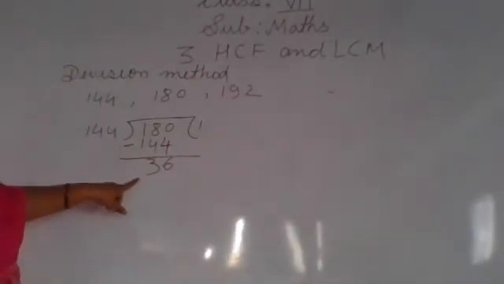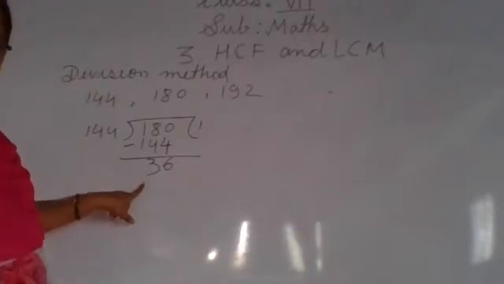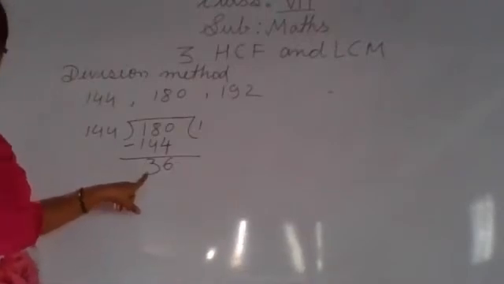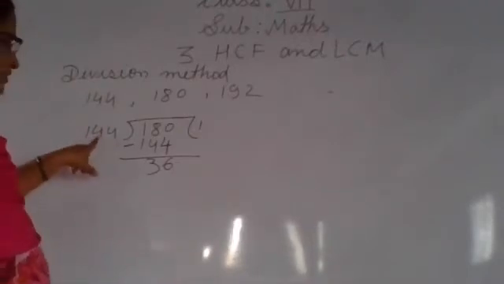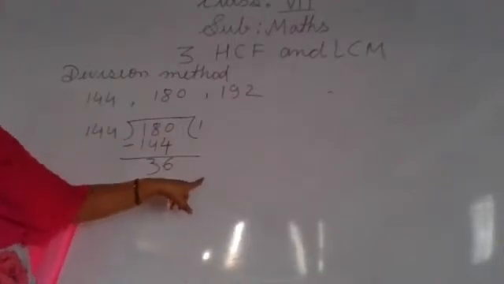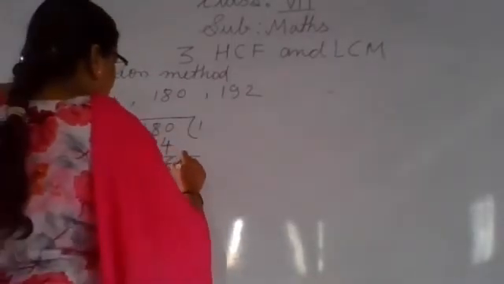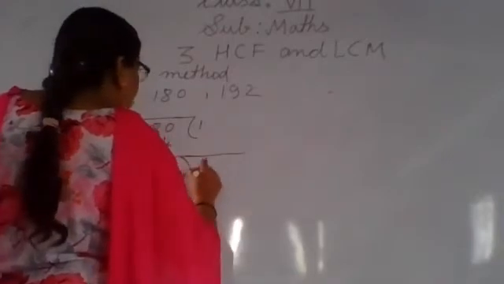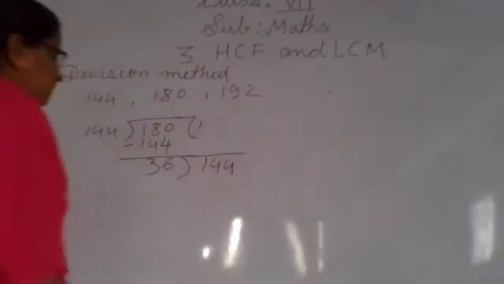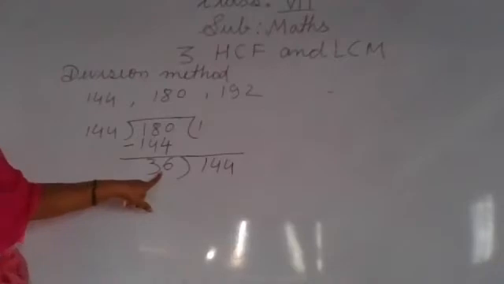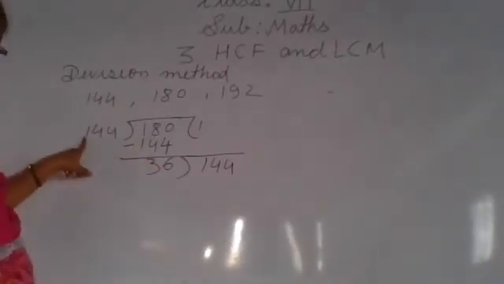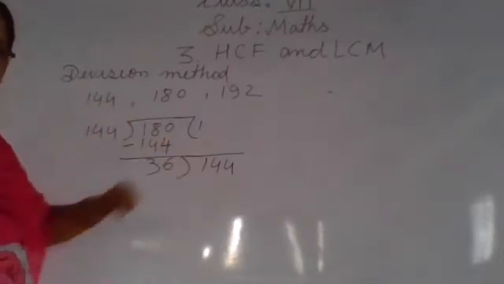Now see, the remainder is 36. Now this remainder becomes the divisor and the first divisor becomes the dividend, and then we will proceed again. See, the remainder becomes the divisor and the first divisor becomes the dividend.